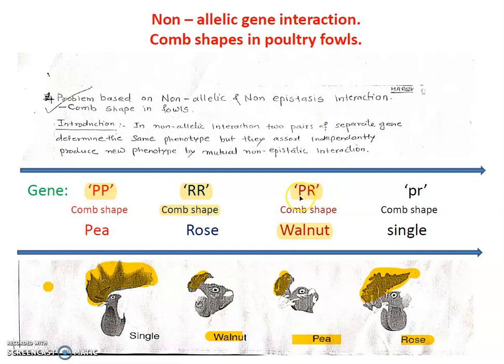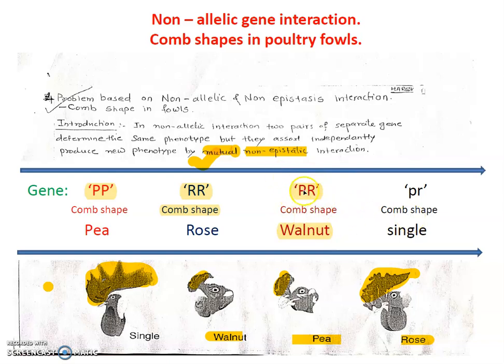P's function is production of P shape, R gene's function is production of rose, but when both come together, they mutually produce walnut. So this type is called non-epistatic, because there is a mutual relationship. It is a mutual non-allelic gene interaction.